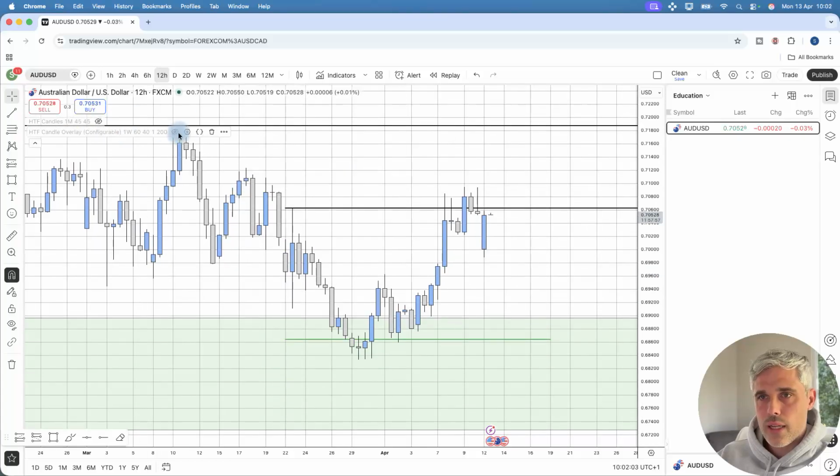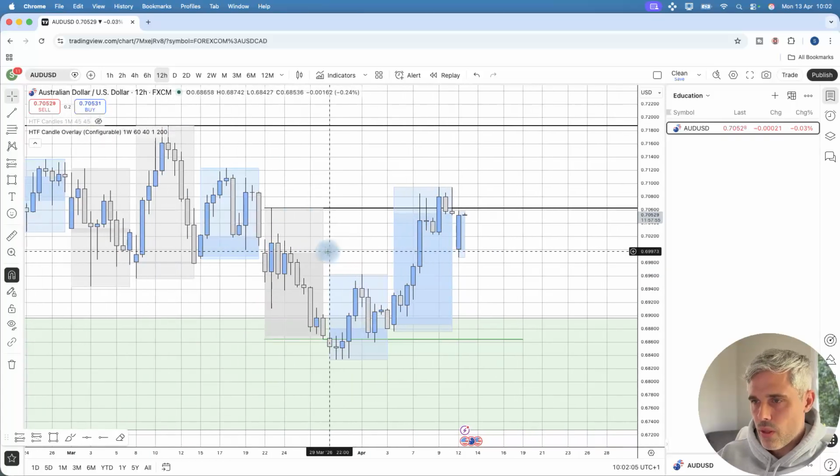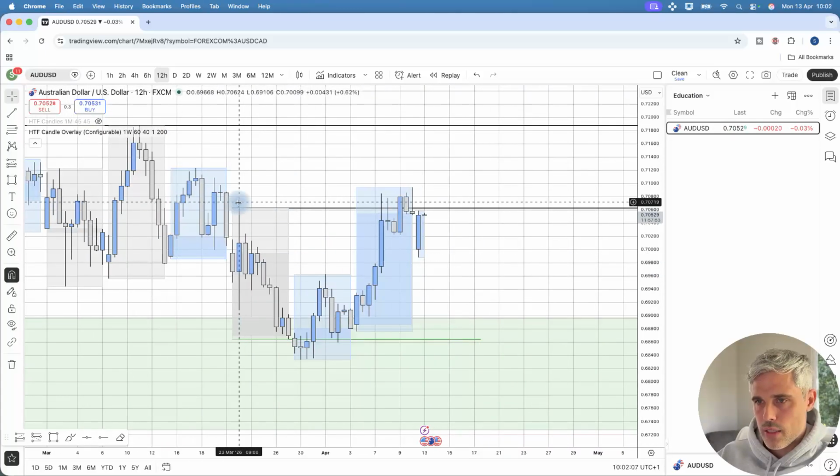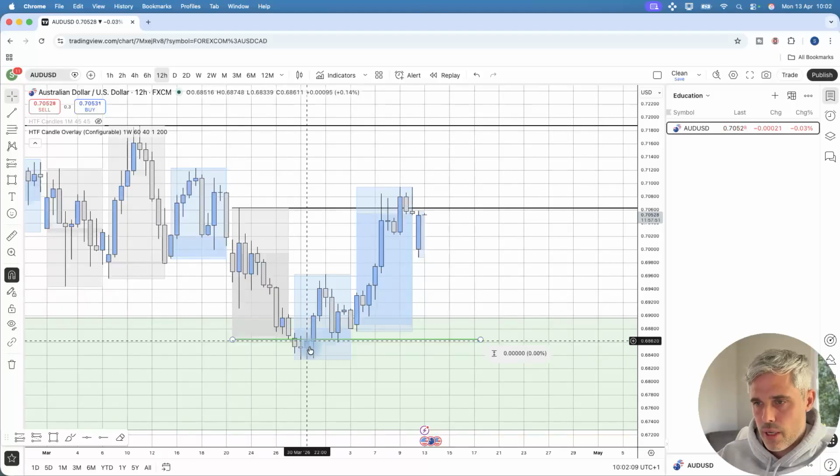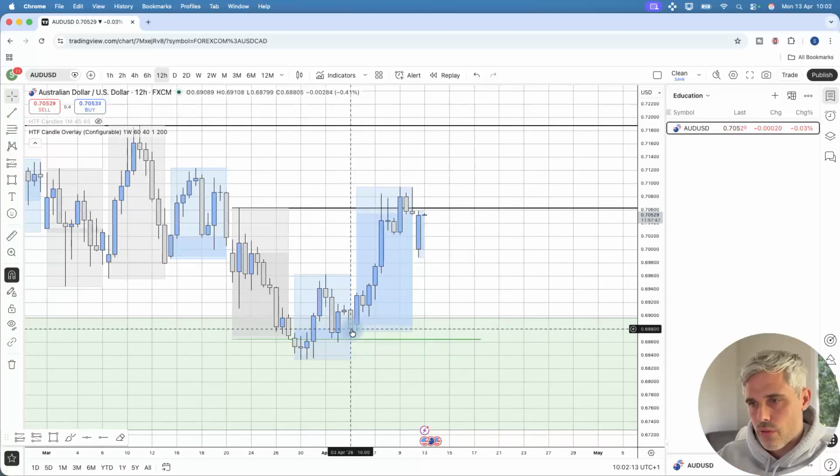And I'm going to overlay here the weekly candle. So what we saw was that price had run lower, manipulated, and closed right here. This is the close of the weekly candle. So at this particular point, do we have a reason to go higher on the 12-hour time frame?